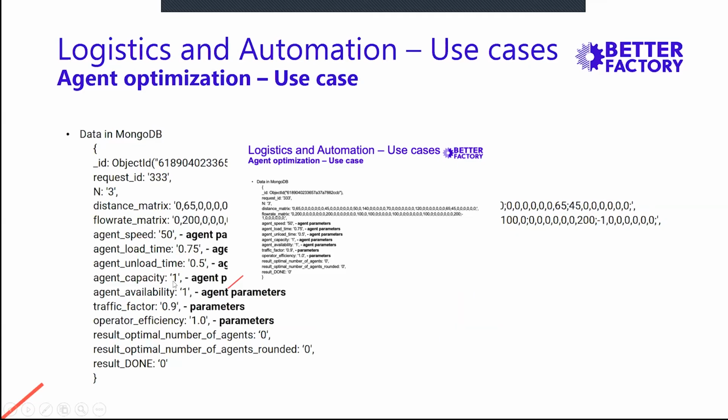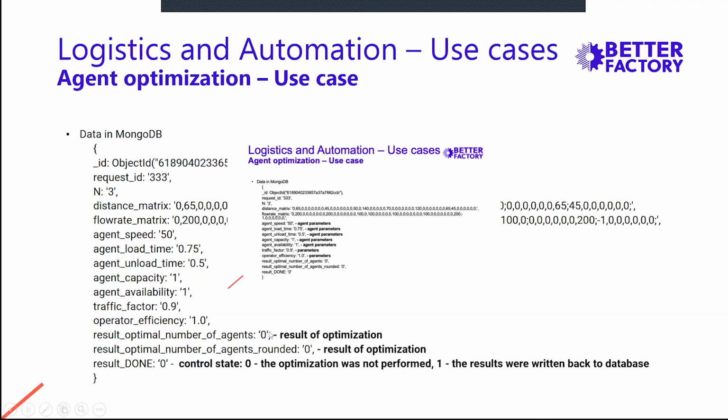Then we have a list of agent parameters. And finally, we have the optimal number of agents and the rounded value of the optimal number of agents, which are the results of optimization. They are written back to the database after optimization. The result done is used to control the computation.